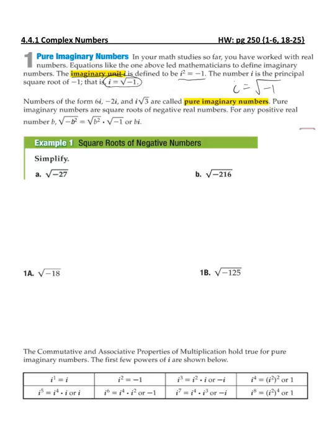Numbers of the form 6i, -2i, and i radical 3, those are called pure imaginary numbers. Pure imaginary numbers are square roots of negative real numbers for any positive real number b. And so we can use this new information to simplify square roots of negative numbers. I'll show you a few examples of that.